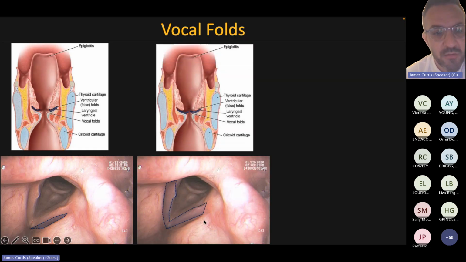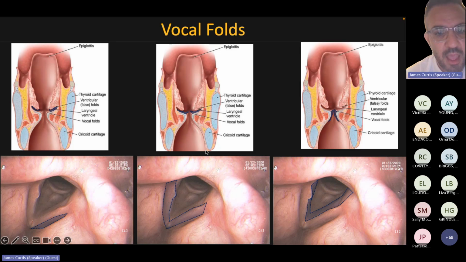We also have the superior surface of the vocal folds, highlighted here in blue and here in blue. So that would be the vocal folds as well. And then we also have the medial edge of the vocal folds, highlighted here in blue and here in blue as well. For VASES, all of this is considered the vocal folds, and even stuff that's between the level of the vocal folds, even if it doesn't look like it's contacting the tissue, if it's still contained within the level of the vocal folds, we're calling that the vocal folds, because that's the level of the glottis.